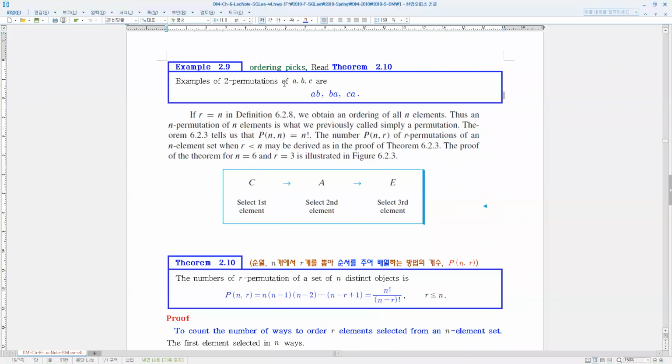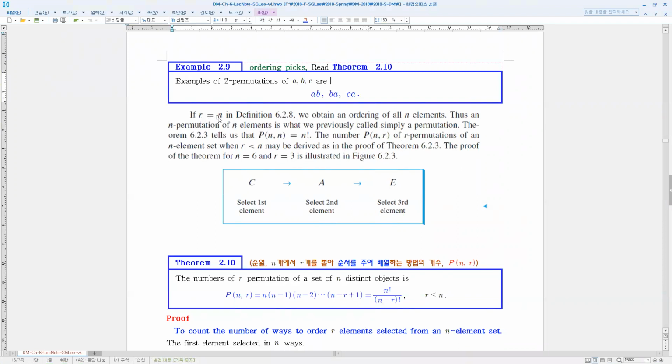Yes, that's right. These are just some examples of 2 permutations of ABC. We can choose these 2 permutations out of these 3. There are more 2 permutations. Okay, this is one example.